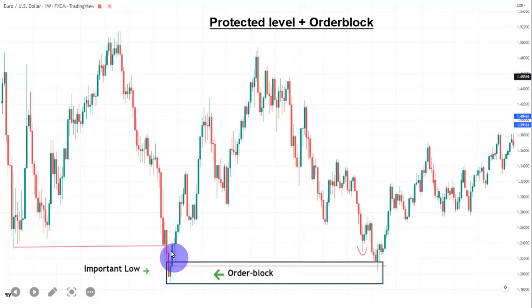This fair value gap is all nested within the last down close candle. In this case, you're going to mark out this candle, not the last down close candle, but the bullish candle right here that is nested within the last down close candle we have.